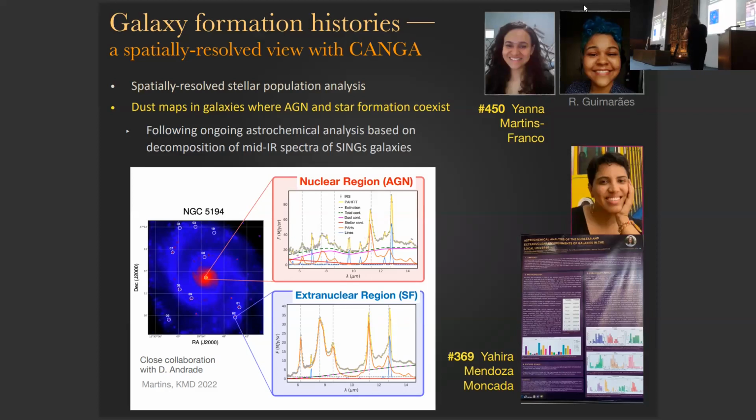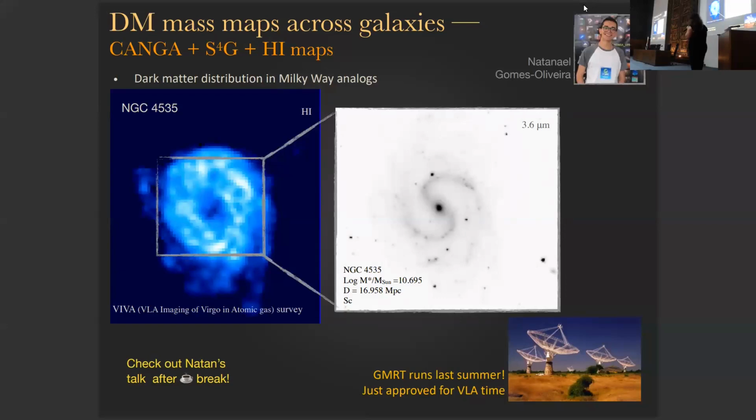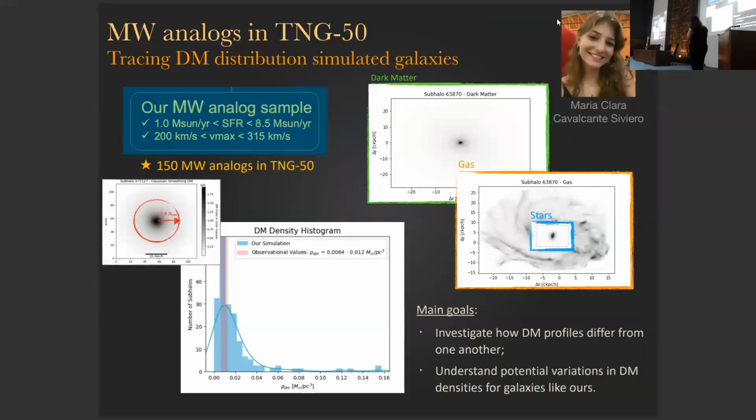So I invite you to go and check their work, and also look forward to Nathan's talk, also going after these Kanga galaxies, but using HI to look specifically at Milky Way analogs and at the dark matter distribution in these galaxies.